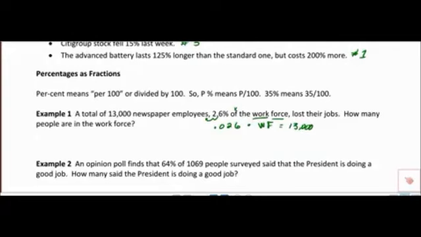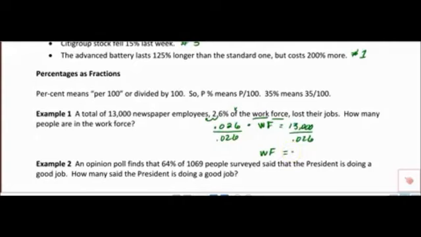Algebraically, I could solve this equation, set up a simple equation, by dividing both sides by 0.026. To undo the multiplication, we divide. So dividing both sides by 0.026, I get workforce, which is what I'm trying to solve for, by itself.